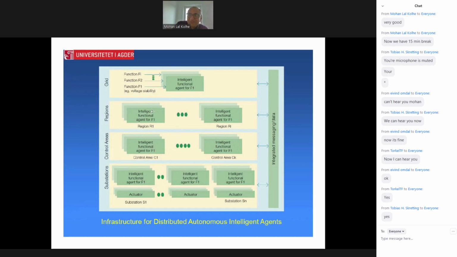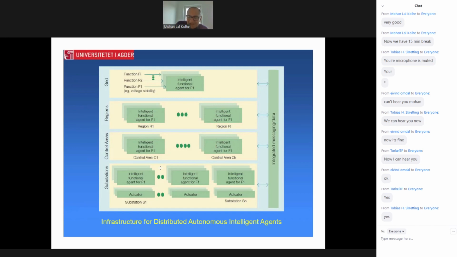So here you can see how complicated it is going to be, right? Based on your interest and expertise, you can now contribute or do research work on any part of the smart grid.